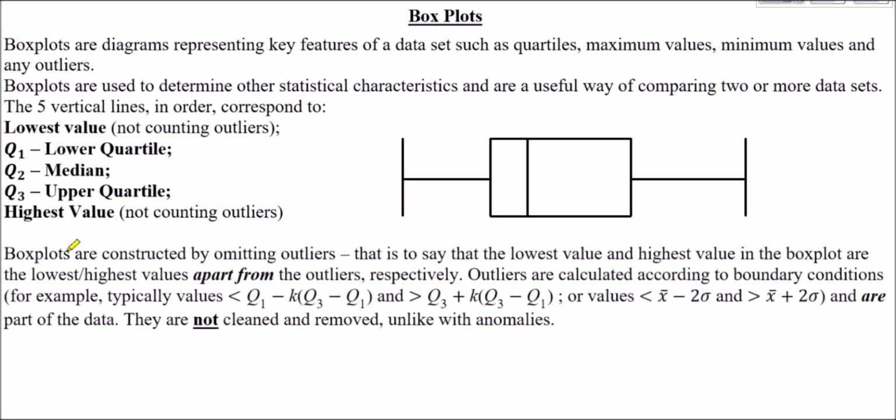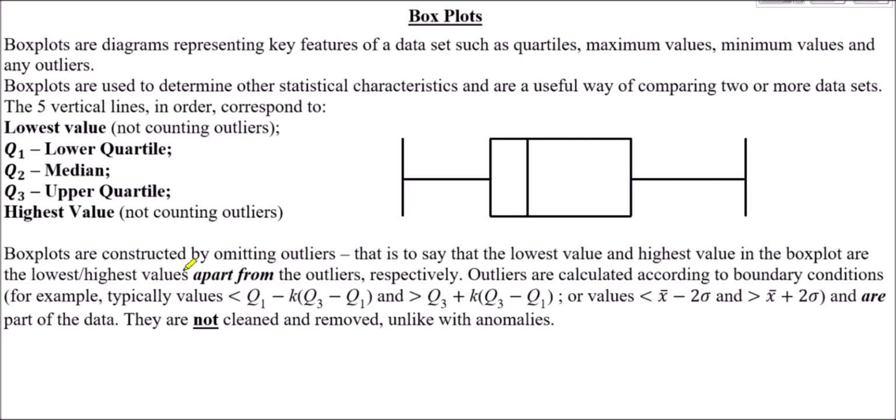Like I've said, box plots are constructed by omitting outliers. So the lowest value and the highest value in the box plot are the lowest and highest values apart from the outliers, respectively. Outliers are calculated according to boundary conditions, which we've mentioned before.